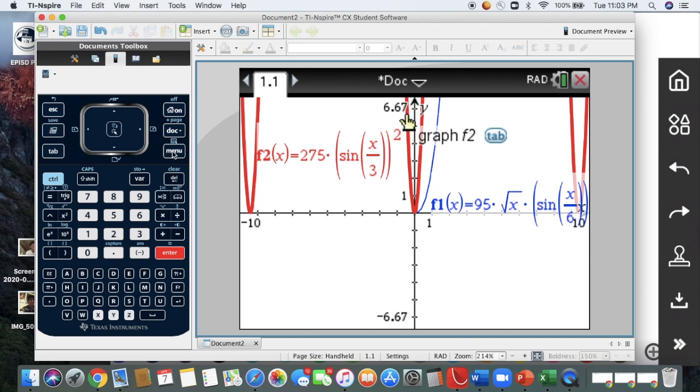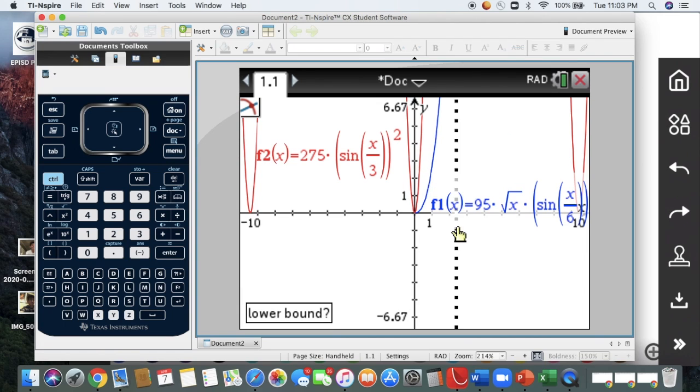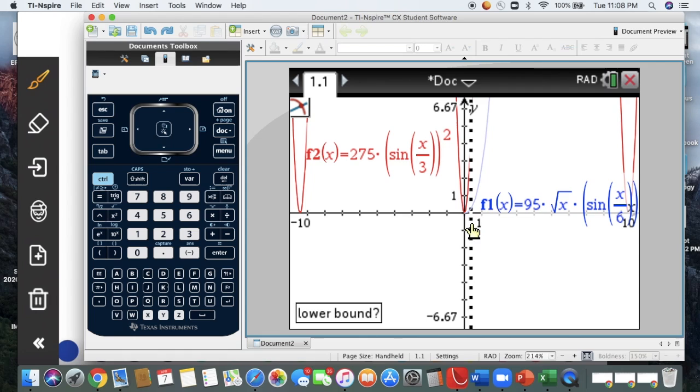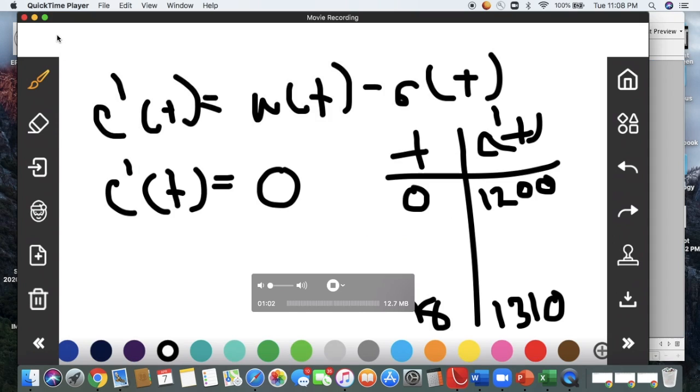So when we do that, we're just going to look for an intersection. We can start here, and we'll drag. And you see how it highlighted intersection right there? That means we passed an intersection. So now we see that there's an intersection at 6.49. So we can put that in t.